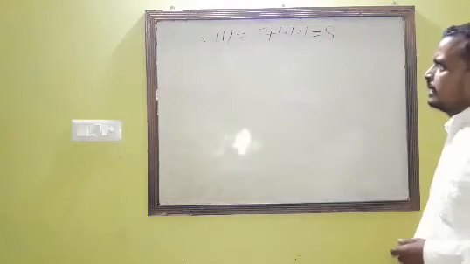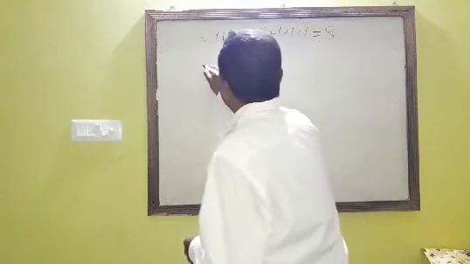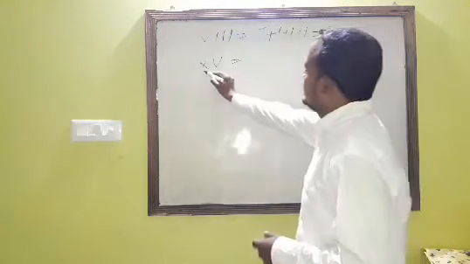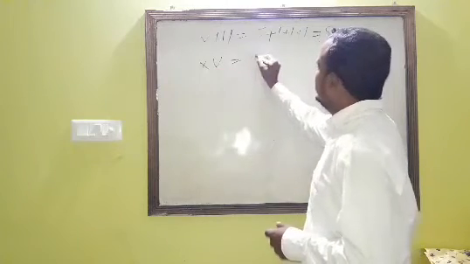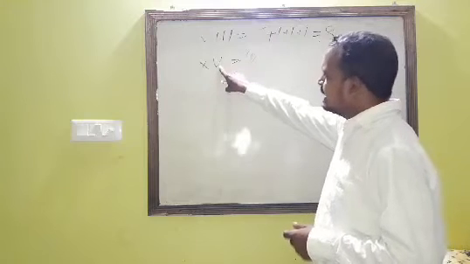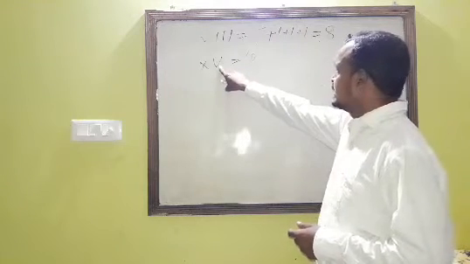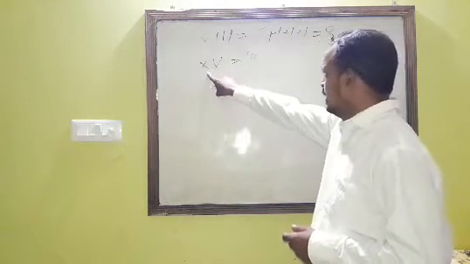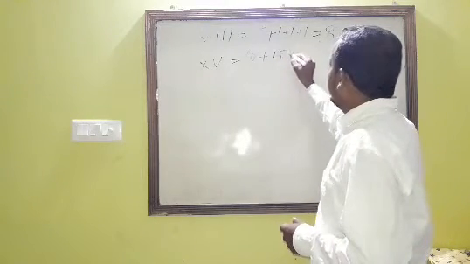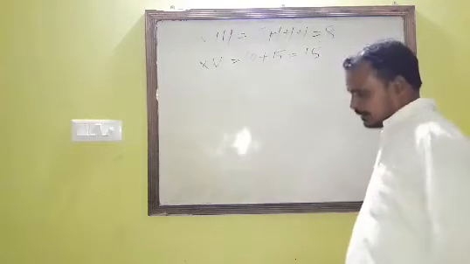Okay. Next, XV. Okay. See, the value of X equal to 10 and the value of V equal to 5. Being written on the right hand side, its value is to be added with the value of X. So you get 10 plus 5 equal to 15.